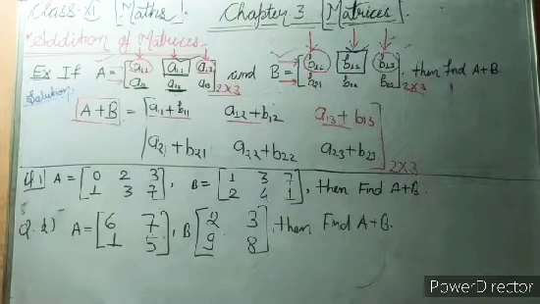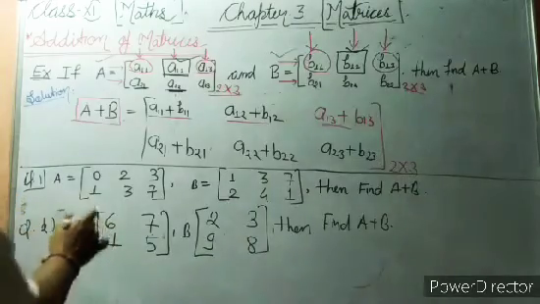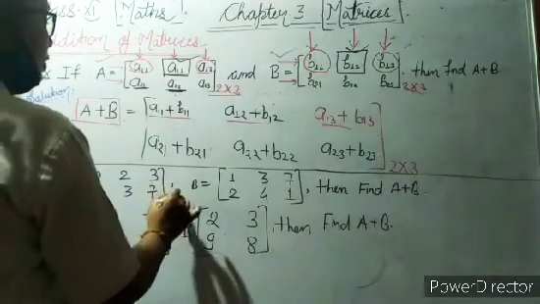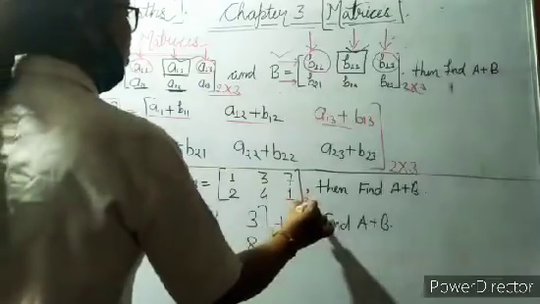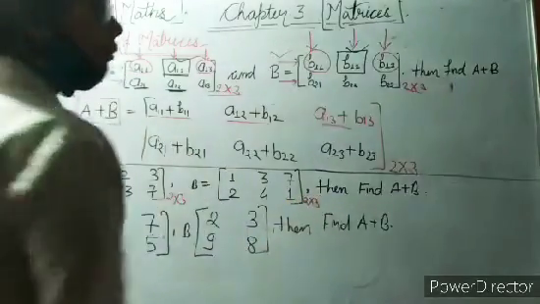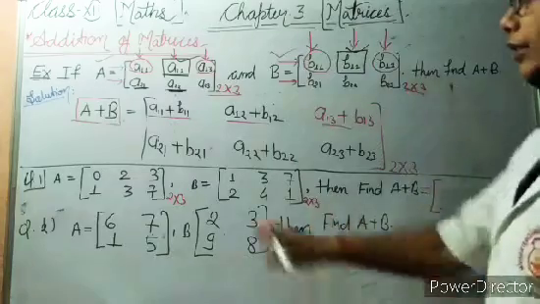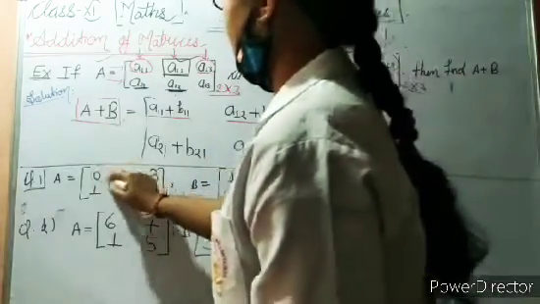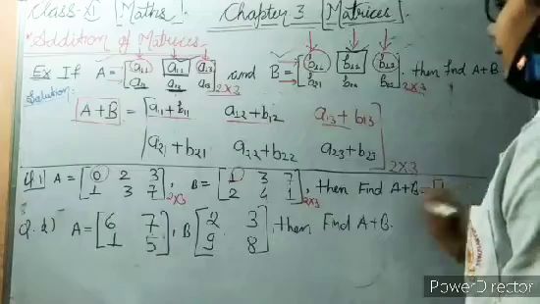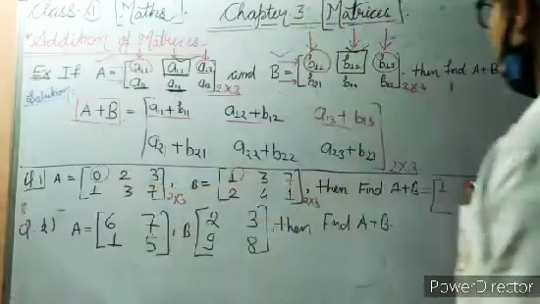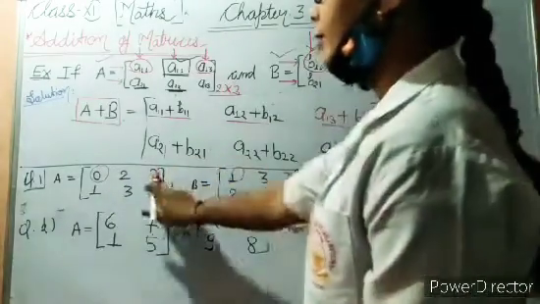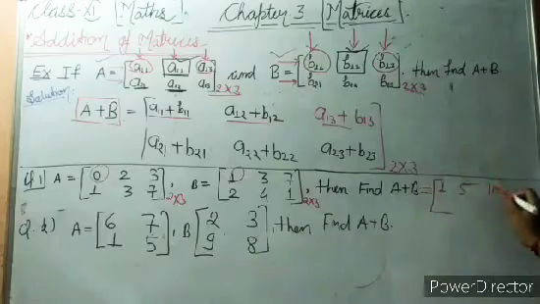Here you see, the matrix order is 2 by 3, that means 2 multiply 3. So you will get your answer also in the order of 2 by 3. 0 plus 1, so we will get 1. Here 3 plus 2, so we will get 5. 7 plus 3, that means 10.